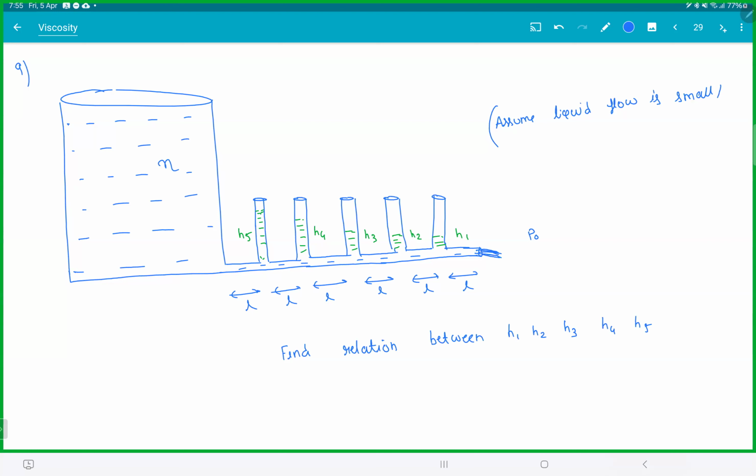The liquid is flowing out here. What is the relation between the 5 heights? Just give me the relation between them.